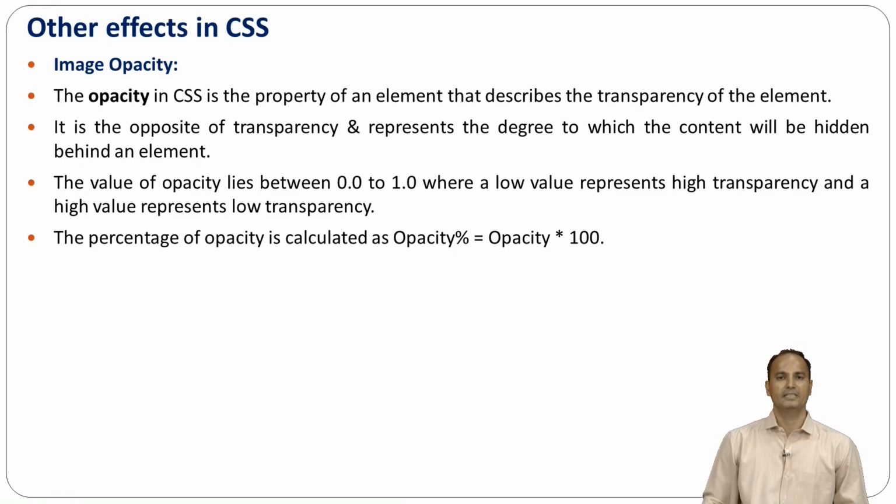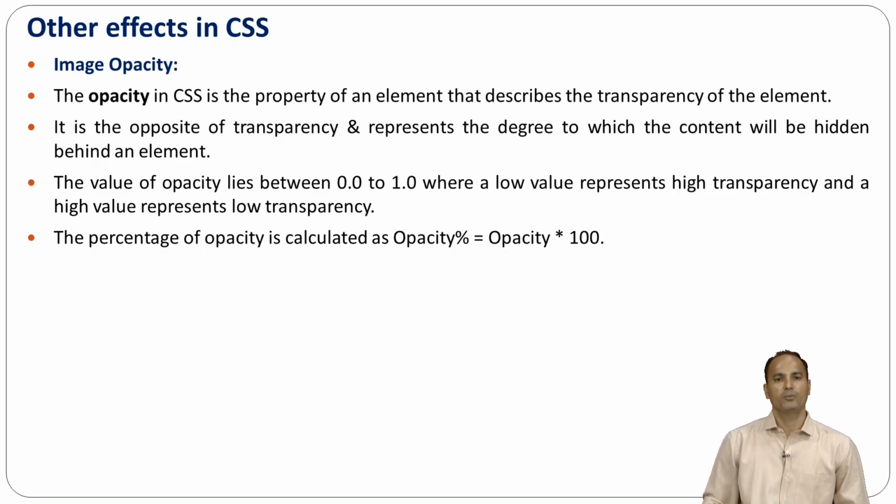Opacity in CSS is the property of an element that describes the transparency of the element. Whenever we want transparency on an object or any element, we have to provide the opacity property. It represents the degree to which the content will be hidden behind the element.